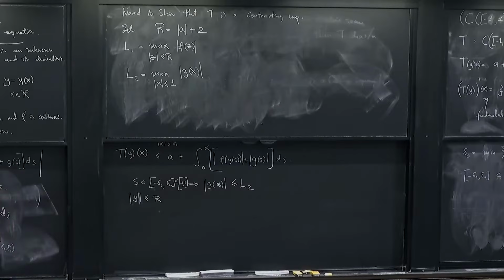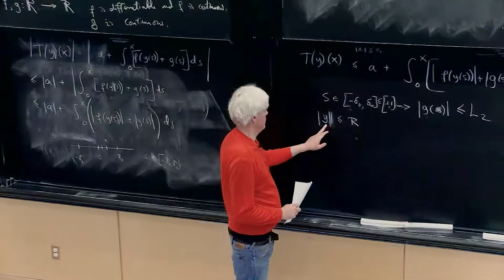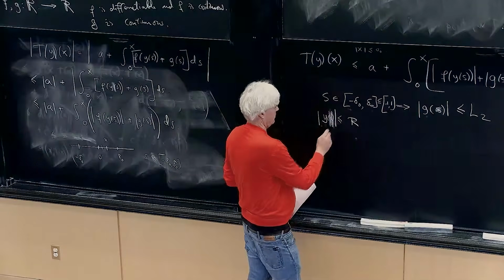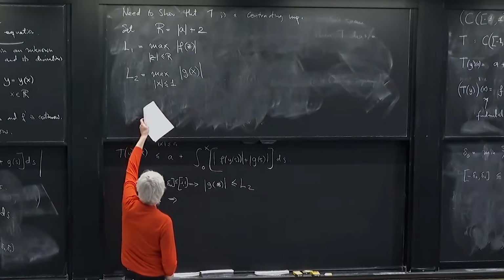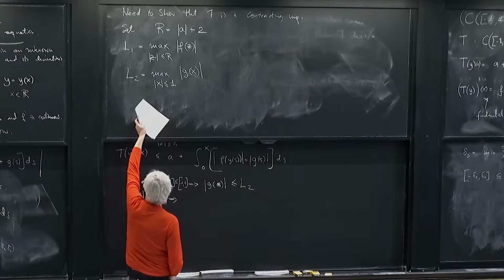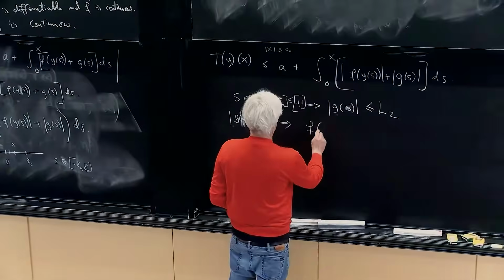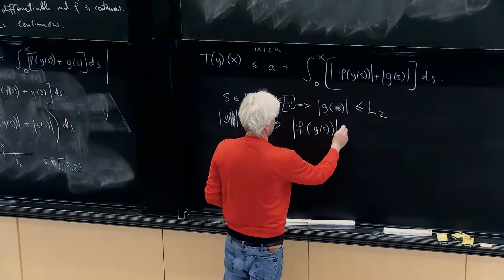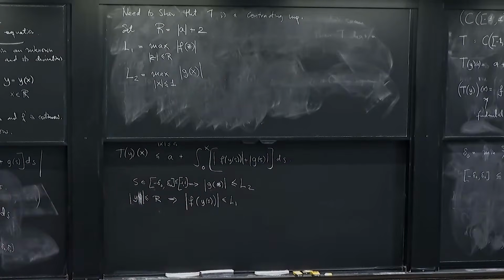The second thing we observe is that for each s, by the definition of L1, f of y of s is less than L1. Okay? L1 and L2 are now fixed numbers.